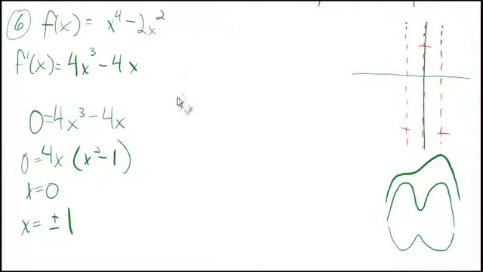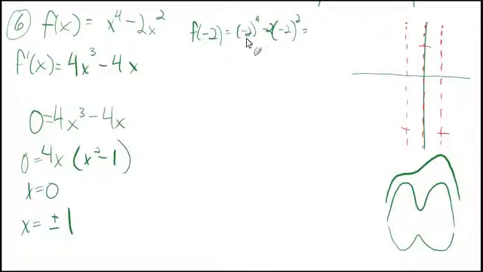Okay, let's find out. We've got to test here and here and here and here. So we're going to test to the left of negative 1. So let's test with negative 2 equals negative 2 to the fourth minus 2 times negative 2 squared.